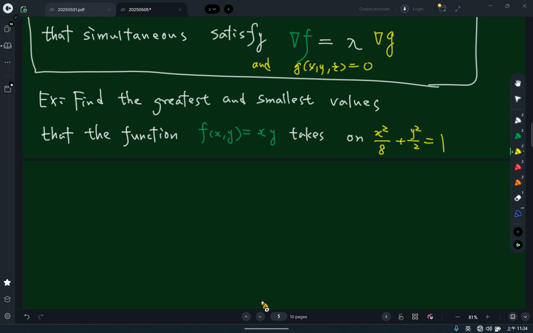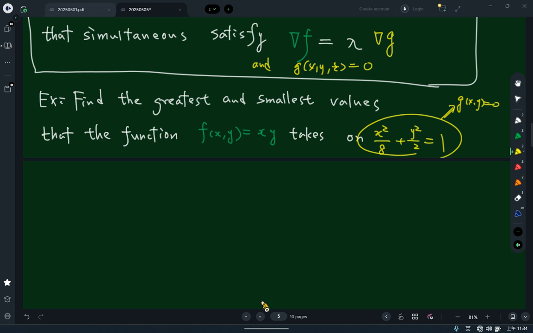Did you notice that we have a target function f of x, y is equal to xy. We have a constraint function coming from this one. You can use this to get your g of x, y is equal to 0.